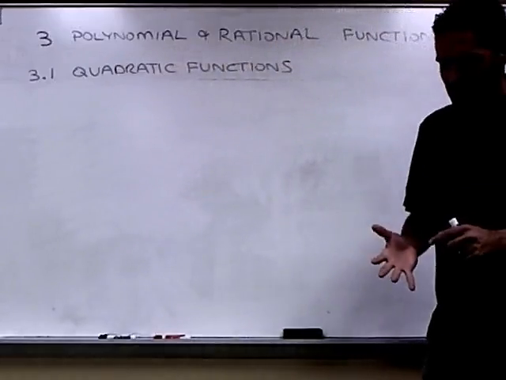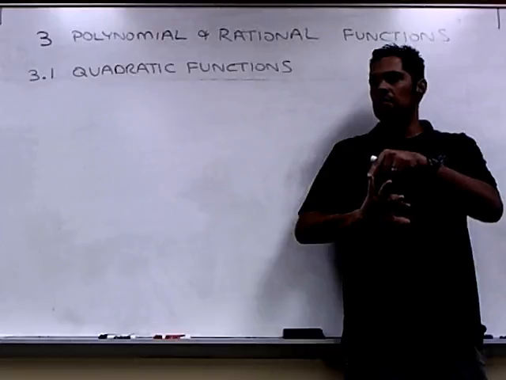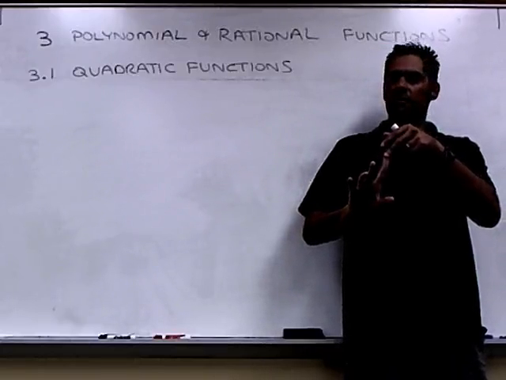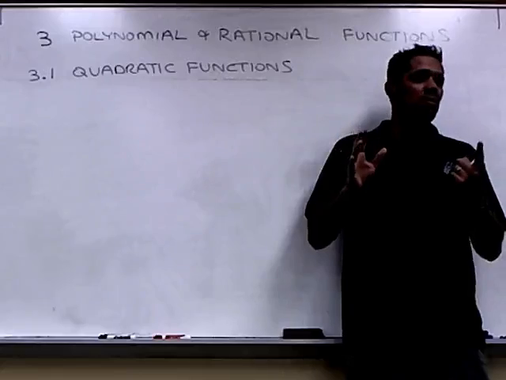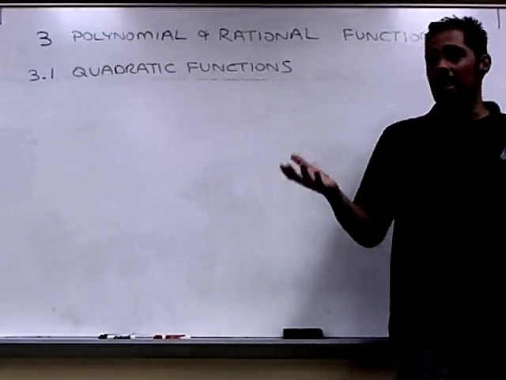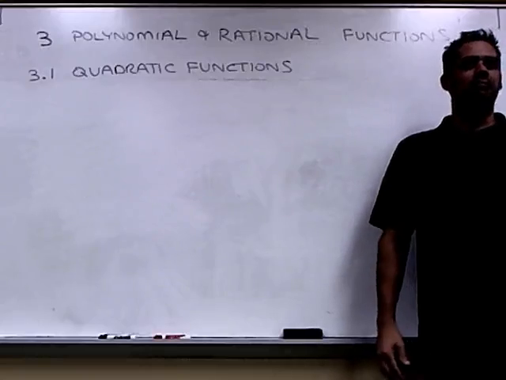So I said that there were 6 functions we were going to study in this class, right? Lines, quadratic functions, polynomials, rational functions, exponential functions, logarithmic functions. And that we have to be able to graph all of those by hand without a calculator. And that's like 90% of what this class is about, 80%, all right?